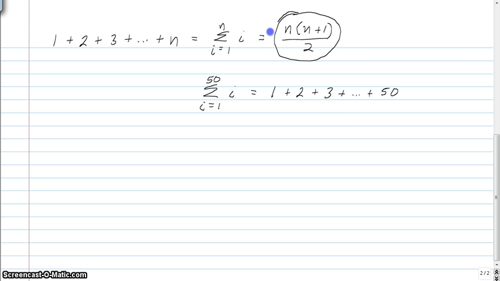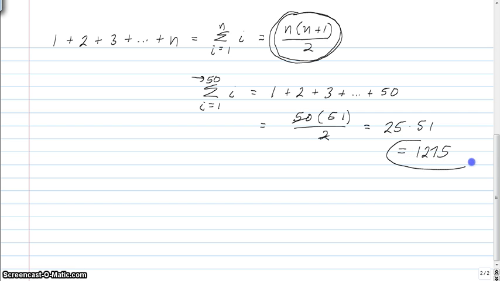Or we can just use this formula where we know that n is 50, so that'd be 50 times 51 over 2, and if we multiply that out, of course we could divide 50 by 2, that would be 25, so that's the same as 25 times 51, which is 1,275.